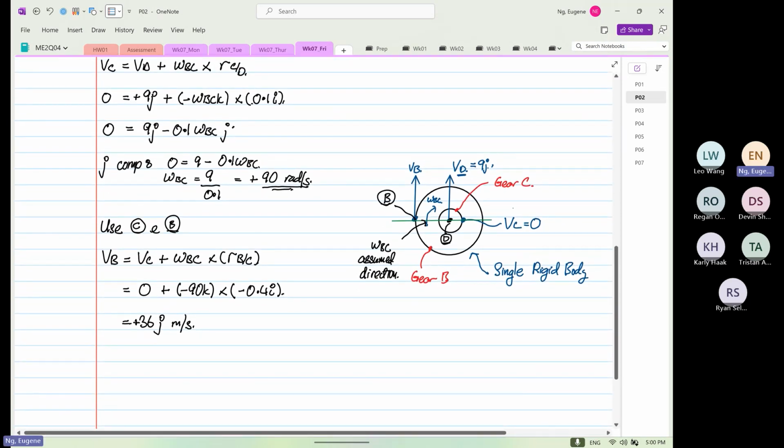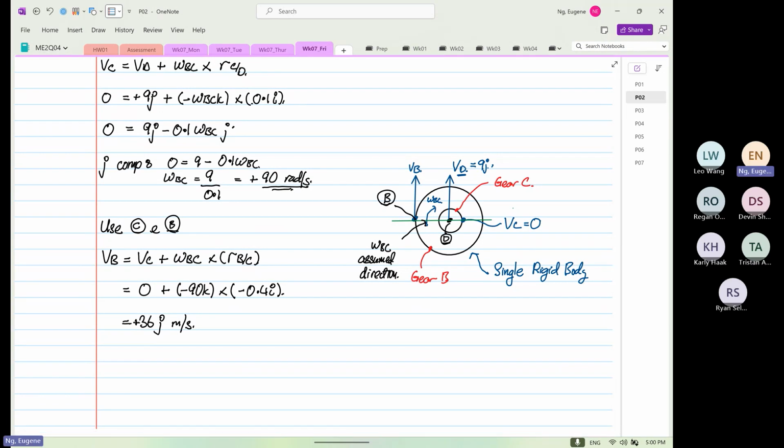Now, we can also use point D. Okay, we can also use point B and point D. Okay, so the only difference is this. So if we are going to find VB is equal to VD plus omega BC cross R B from point D. Okay.